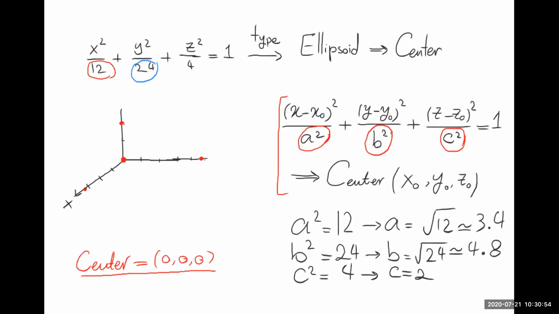It might be hard to sketch it, I know. I'm not a good sketcher myself, but it really doesn't matter. It's just a sketch. We are not computers. We don't need to be very accurate. It's just a sketch. So the ellipsoid would pass through these points, so it should be something like this.